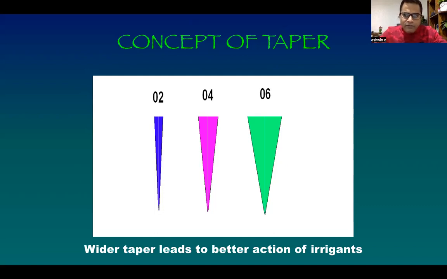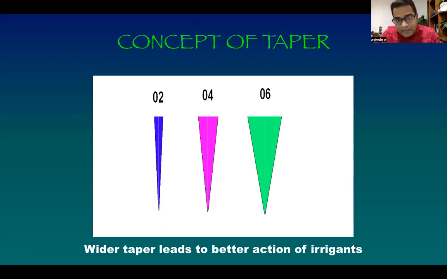That's why you should have a very good pre-operative X-ray, pre-operative IOPA. And then the IOPA has to be seen properly by you. Do not be in a hurry to look at the preoperative X-ray. You have to check the coronal part. Is there any calcification? What is the shape of the chamber, height of the chamber, dimension of the chamber, where the curvature starts, where is the curvature of the canal, where it is maximum, where it is minimum, is there any apical curvature?